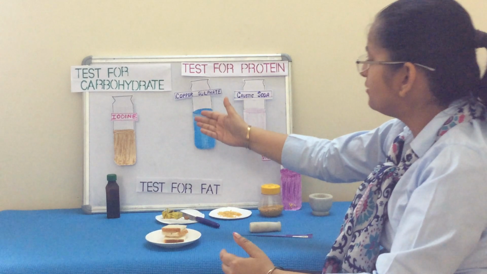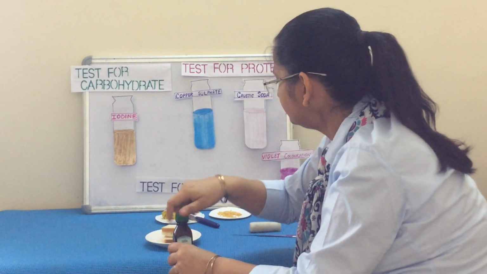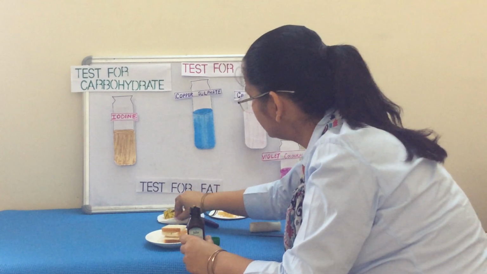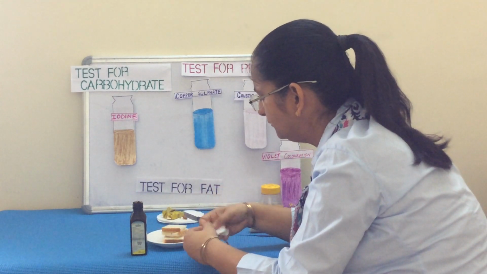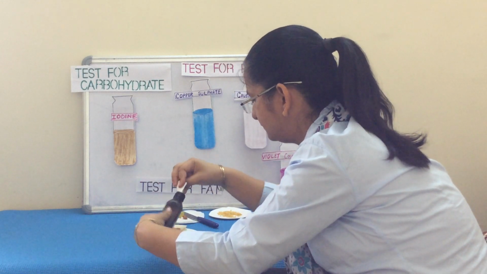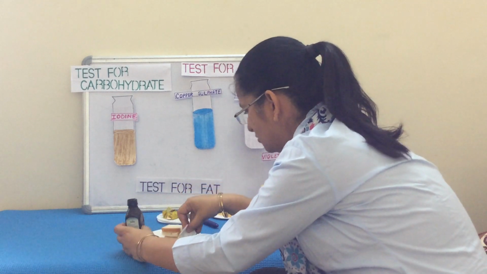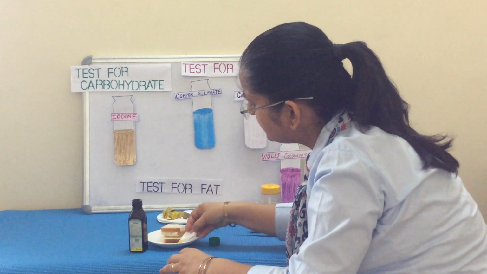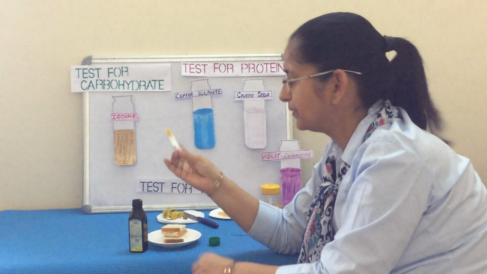Now, color of iodine, as you see, it is brownish in color. So, I will just add a little iodine and I will show you the color of iodine. So, the color of iodine, as you can see, this is the color of iodine, that is little brownish.